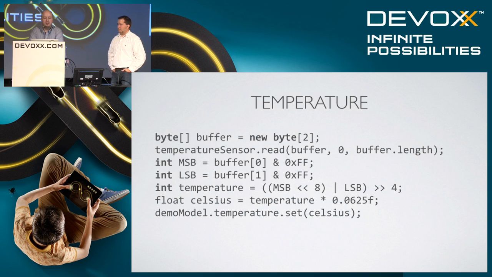But basically what happens is we're given 2 bytes, and in this case those 2 bytes are representing a 12-bit integer number. So we have to do a little bit of bit manipulation to pull the 2 bytes out, take out the bits that we care about, and turn that into a Java int. Once we have that, the reference manual tells us there's this magic number you multiply it by, and that gives you the temperature in Celsius.